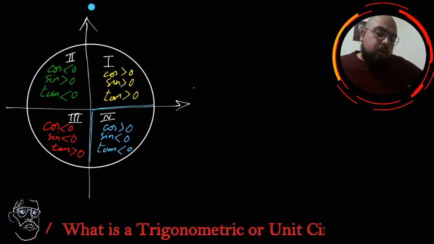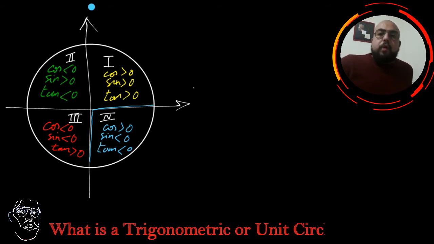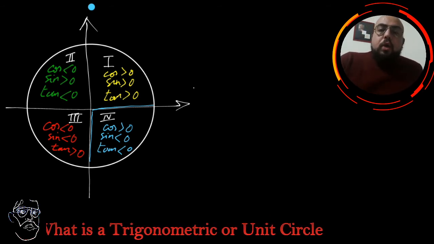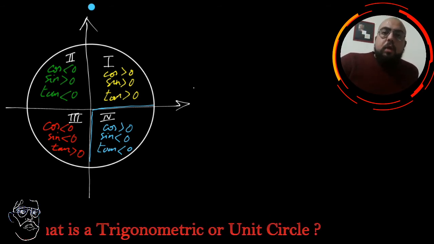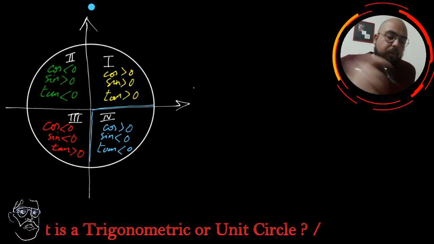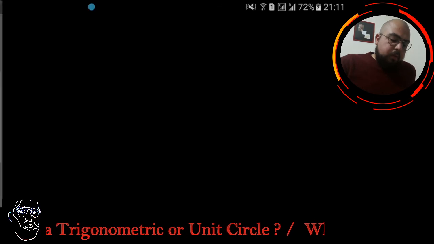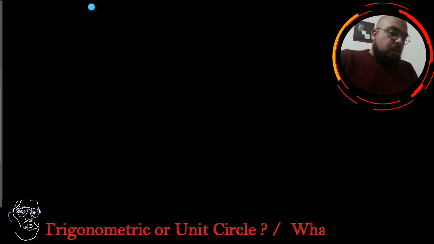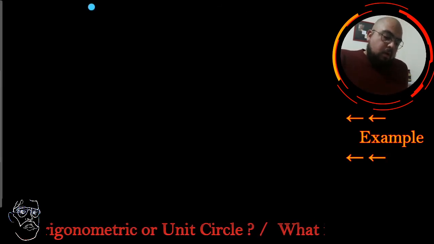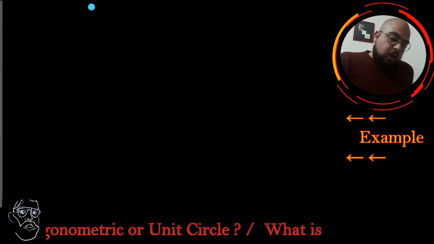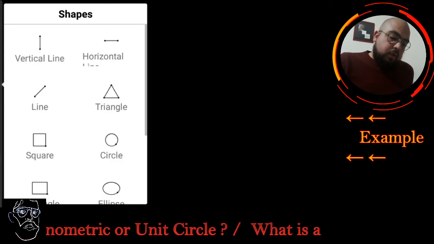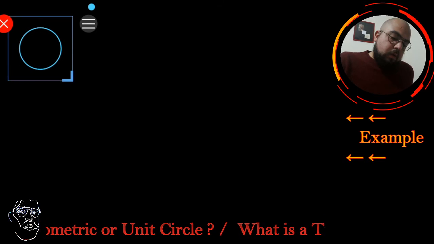What about taking a few examples related to trigonometric functions where we're going to position a few angles, the endpoints of a few angles? So let's take a few examples. We have our trigonometric circle.